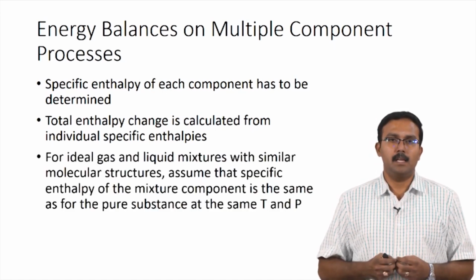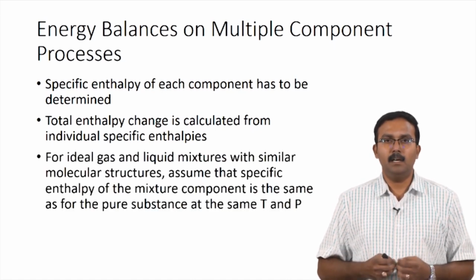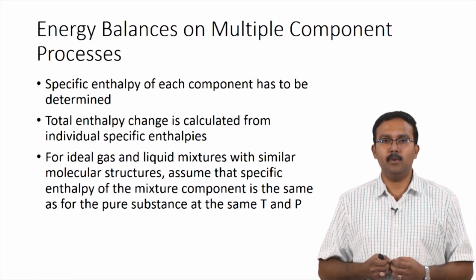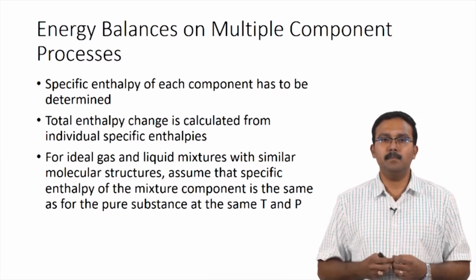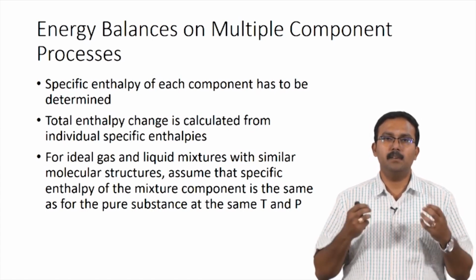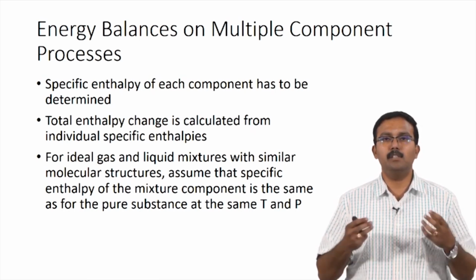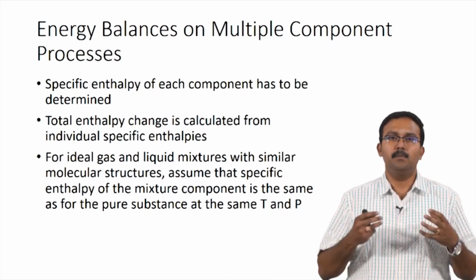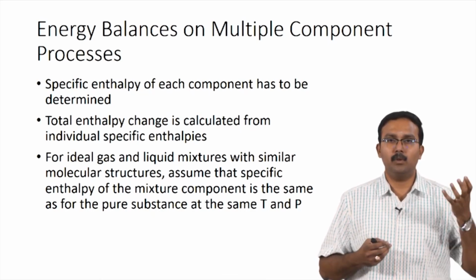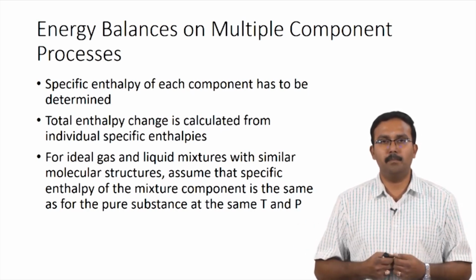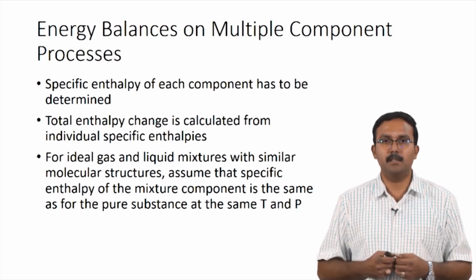When we do this, we are making an assumption, and this assumption is valid for ideal gas and liquid mixtures which have similar molecular structures, because we are assuming ideal solutions or ideal mixtures. So, based on this assumption, the total enthalpy of the system is equal to the summation of the enthalpies of individual components at the same temperature and pressure.